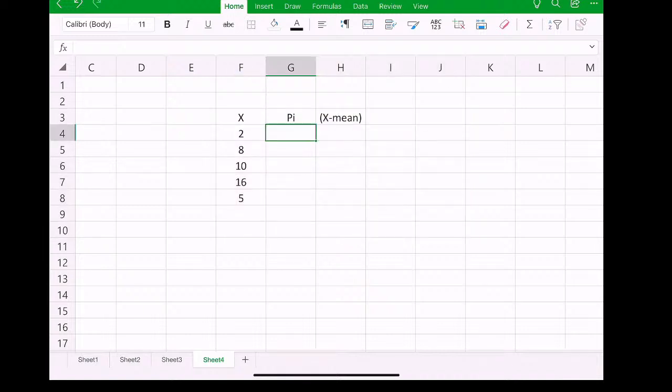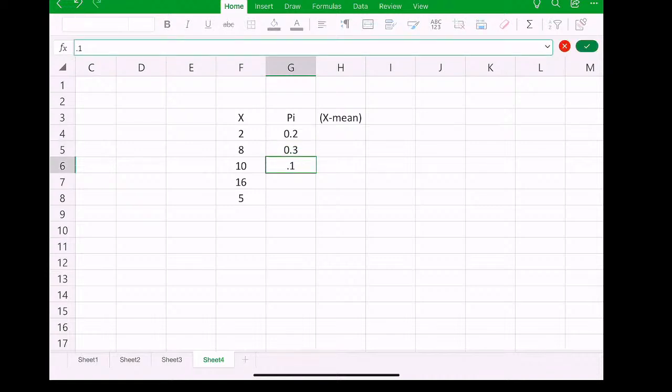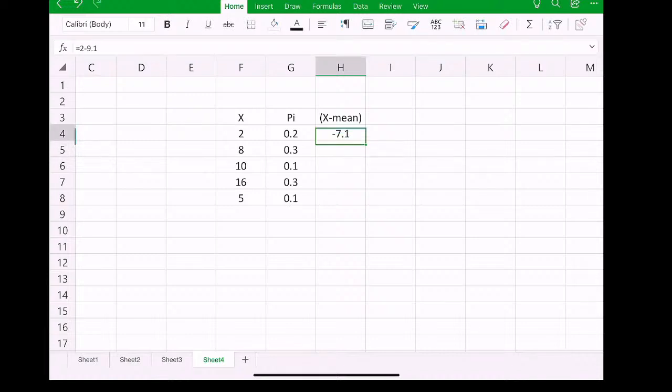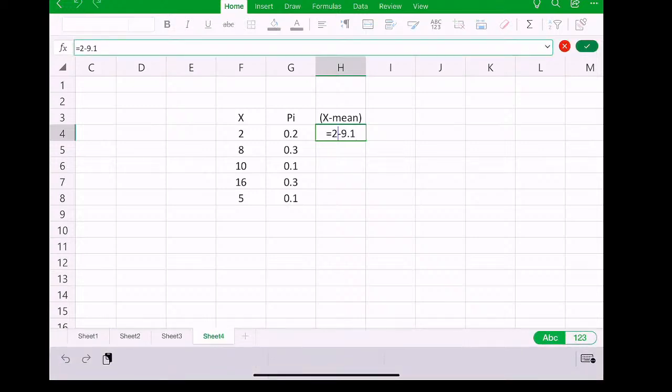Oh, I should write mean. So the PIs are 0.2, 0.3, 0.1, 0.3, and 0.1. And so I'm going to take the deviations from the mean, which is the value minus 9.1 that we calculated as the mean. I want to put this column and then copy that all the way down.